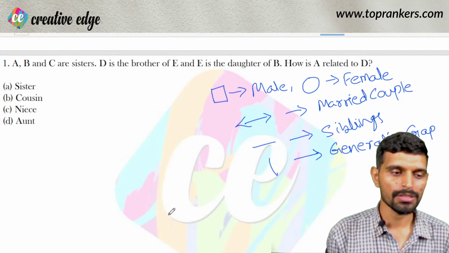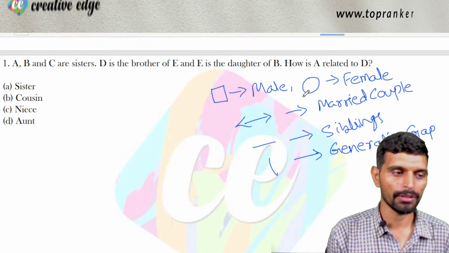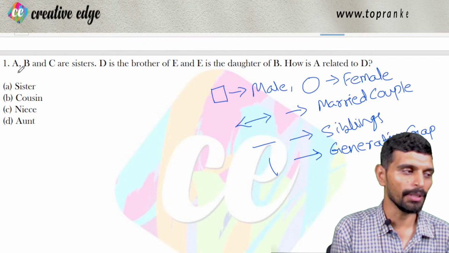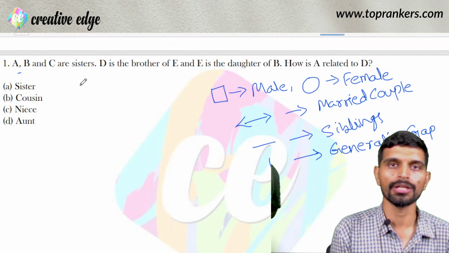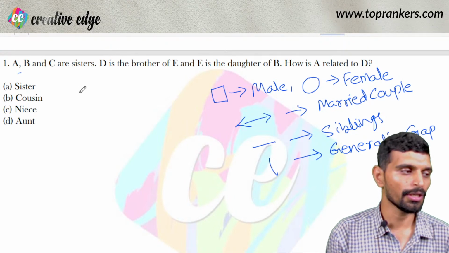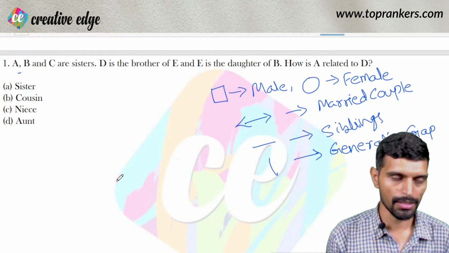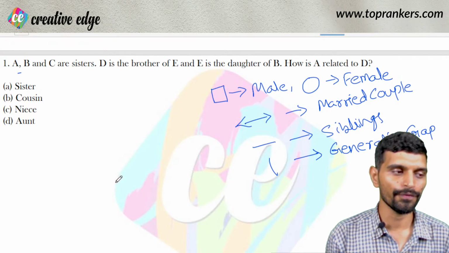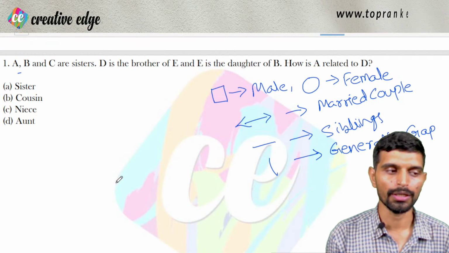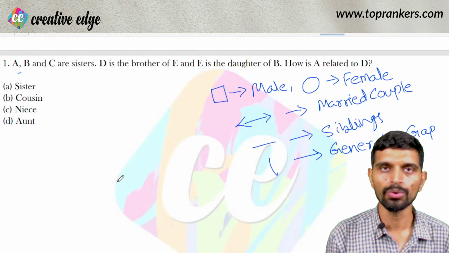So let's see how this standard convention can be applied to this particular situation. The condition given in this question is: A, B and C are sisters, D is brother of E and E is daughter of B. How is A related to D?